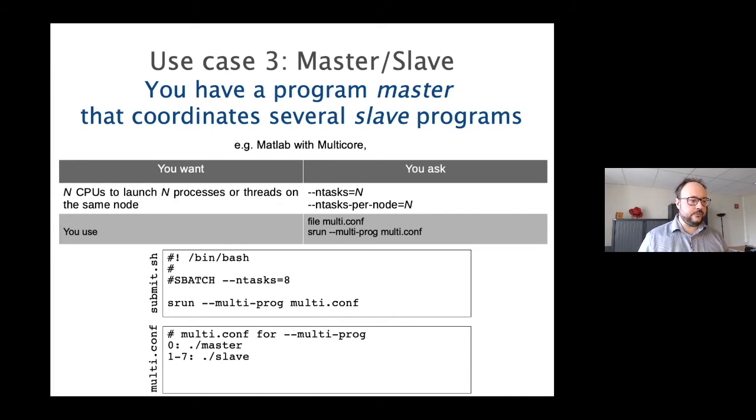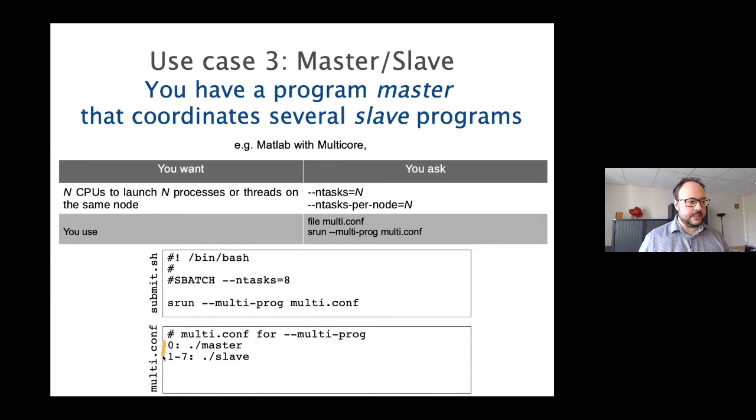And here, if you have different types of programs, so master and slave, you can use the --multi-prog option of srun. So here you will have to start a job step with srun and then --multi-prog and a configuration file, which has to look like this. It associates the task ID, the equivalent of the rank in MPI or the thread number in OpenMP.